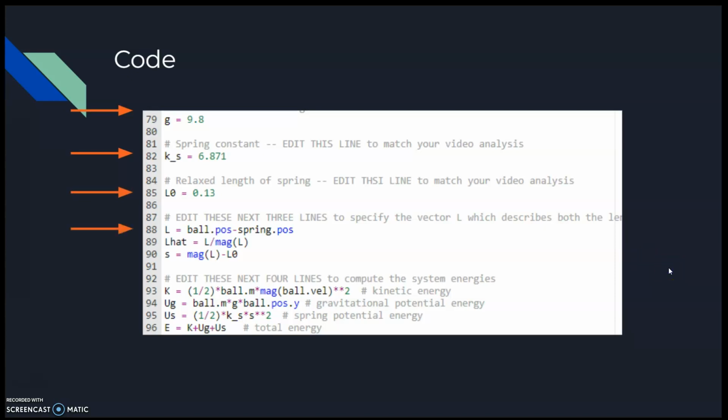And now I set up my U spring calculation by establishing what L, L hat, and s are. Next, I calculated kinetic energy and potential energy, as well as total energy, using those equations that I showed earlier.